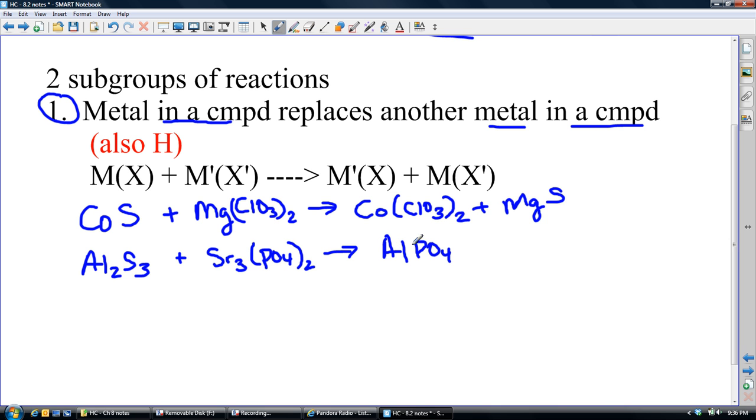Aluminum's a +3, phosphate's a -3. Strontium then will go with sulfide. Strontium's a +2, sulfur's a -2. So on the right-hand side, the subscripts kind of are nice and neat. We come back over here, we balance, put a 2 out in front of the aluminum phosphate, put a 3 out in front of the strontium sulfide. Alright, 2 more examples. Make sure again you show me in class.